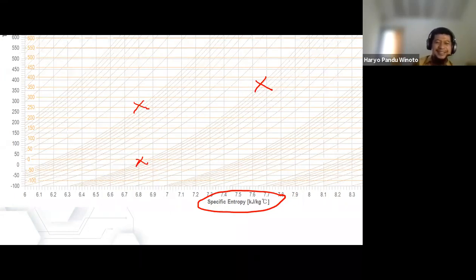The enthalpy. But in this case, it is 0. What happens? Anyone wants to share their opinion?